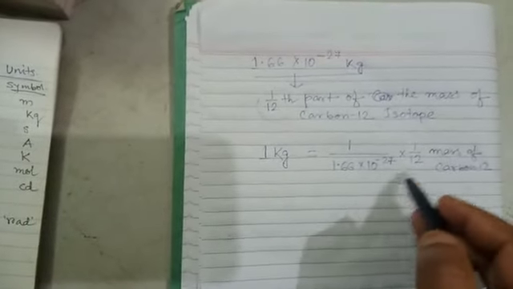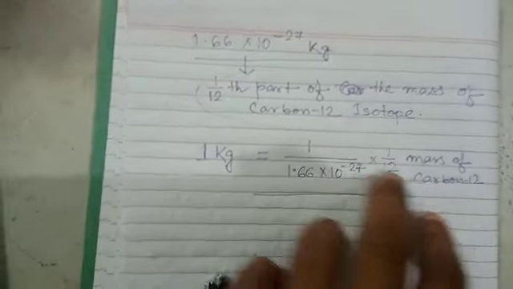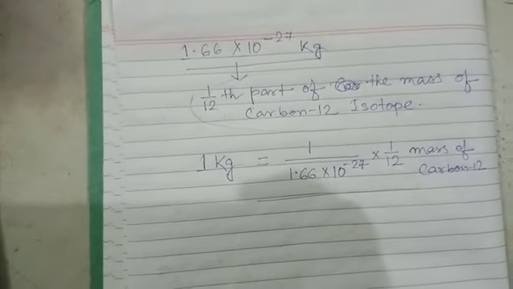So we can calculate it easily. That is the mass of 1 kg. That means this number of carbon 12 isotope masses is 1 kg.